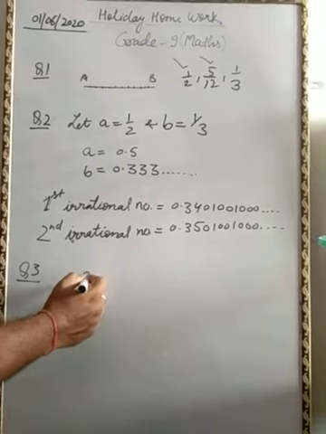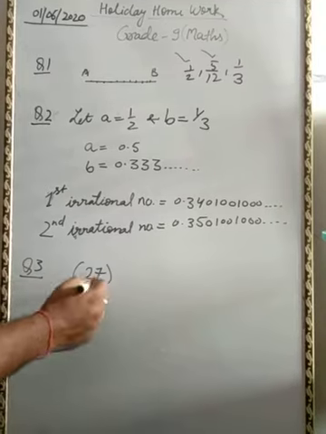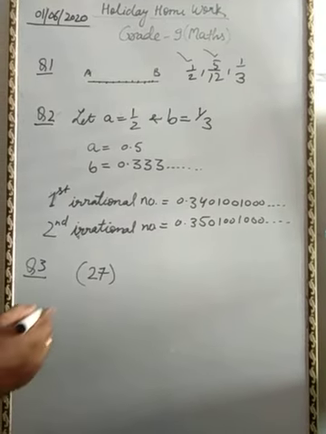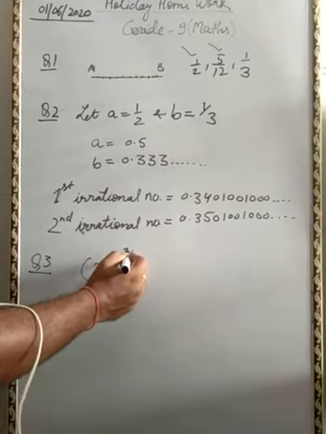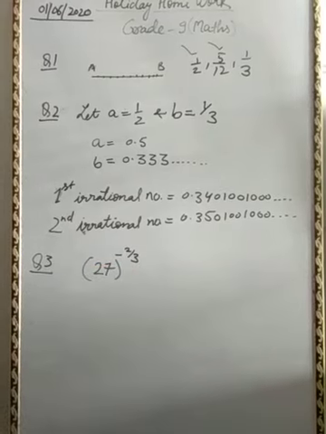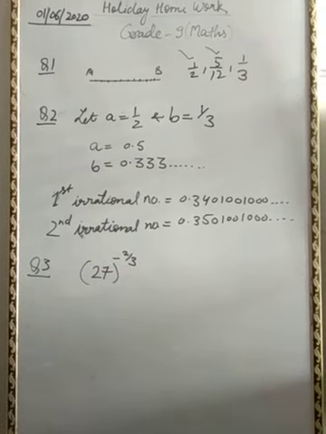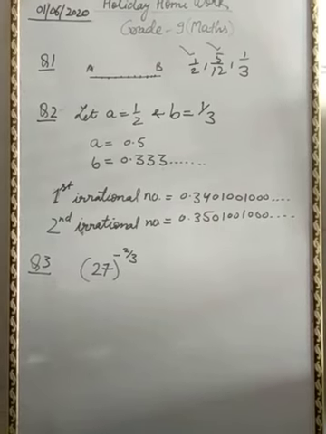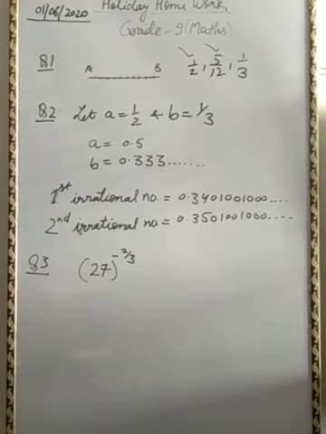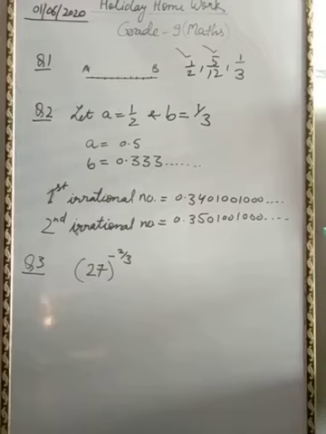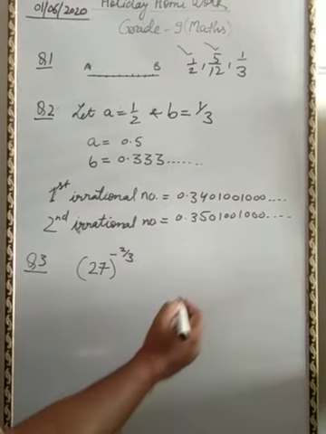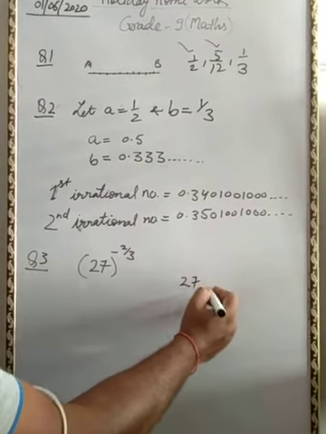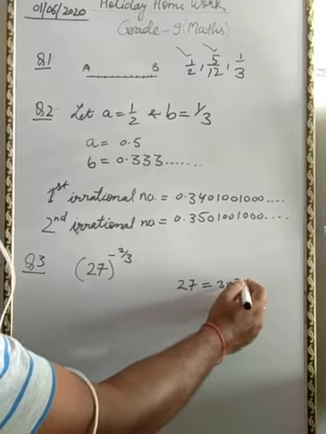Next question is given as evaluate 27 to the power minus 2 upon 3. This is the question of chapter number system, indices rule. As we know, 27 has the factors, roughly we can write 27 equals 3 into 3 into 3.